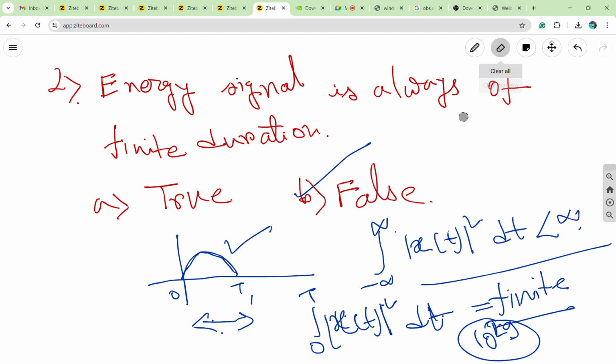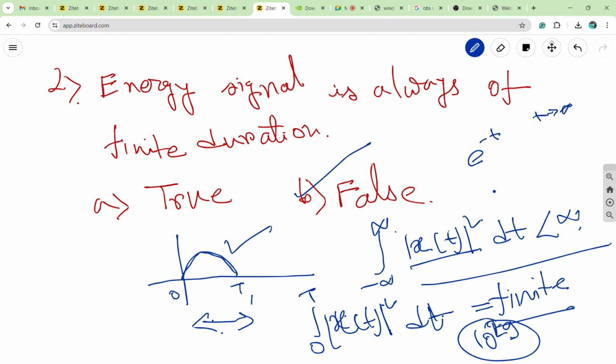Is it okay? Sir, you're talking about the signal where at t equal to infinity, y(t) we don't know. We know y(t). Suppose this is x(t); x(t) and y(t) are the same. You know what e to the power minus t is.